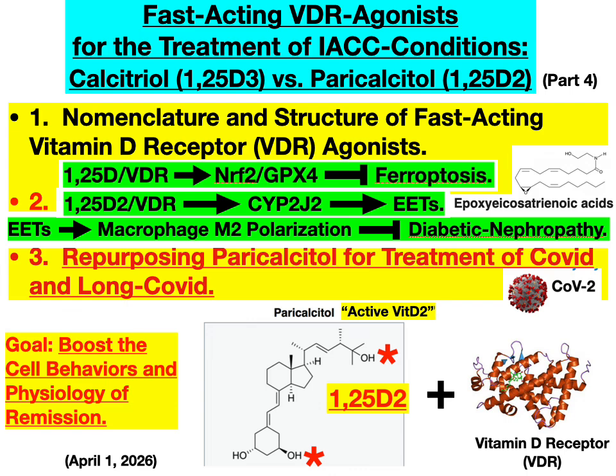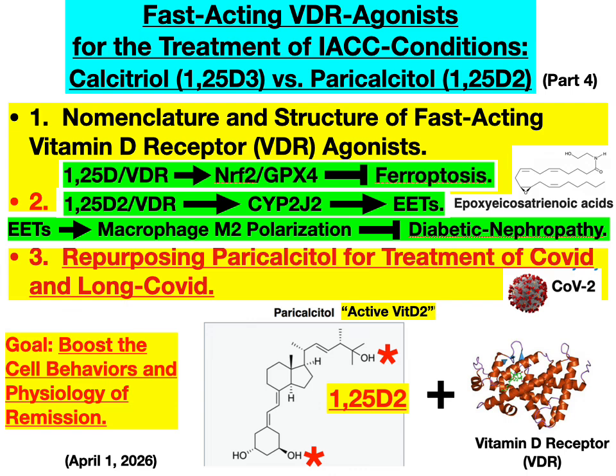for a long term, epoxy-icosatrienoic acids. EETs have multiple effects, including changing the behavior, the epigenetic trajectory of macrophages from pro-inflammatory phenotypes, which are known as M1 macrophages, to anti-inflammatory macrophage phenotypes, which are known as M2 macrophages.